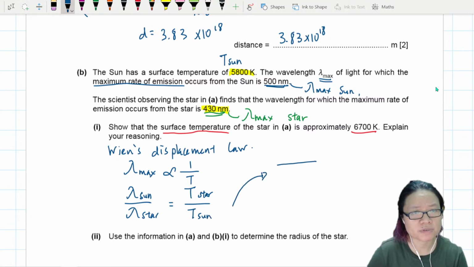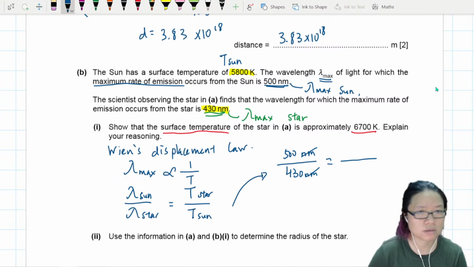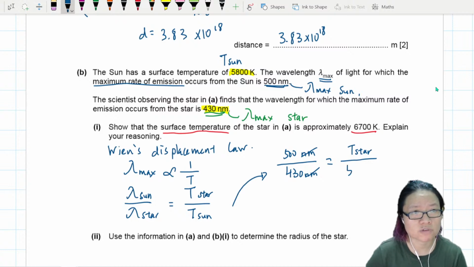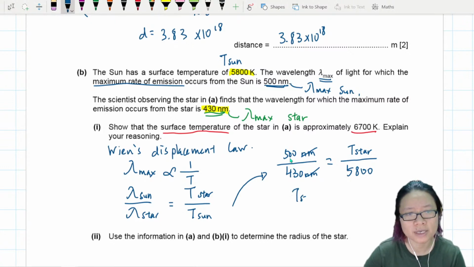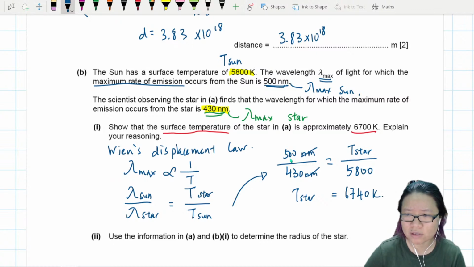The wavelength of sun is 500 nanometer and the star is 430 nanometer. I preserve the nanometer so I can cross them out. Temperature of star, we're looking for. But I know the temperature of the sun, which is 5800 Kelvin. So it's a matter of using ratio only. Don't worry, the calculation in this chapter is not complicated, and it's the first time. We don't expect complication. So if you cross multiply, you get 6740 Kelvin, which is approximately 6700 Kelvin.